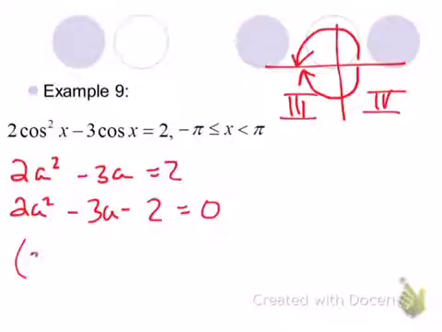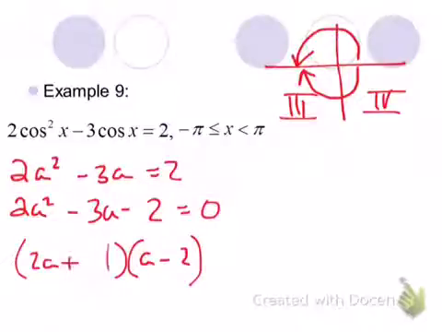And then we would factor that as 2a plus 1 times a minus 2 equals 0. Then we set each of those factors equal to 0, and we get a equals negative 1/2 or a equals positive 2. So that's just a quadratic technique that's going to come into play.